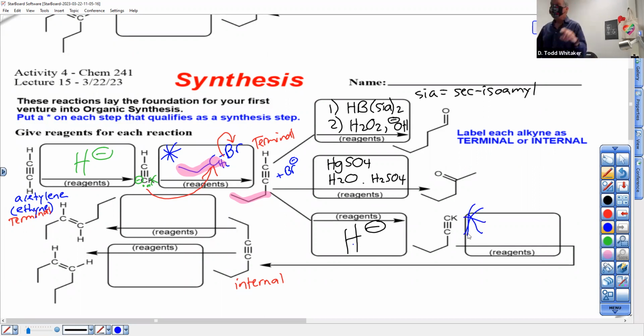What chemicals needed? 2. You need the conjugate base of an alkyne. We've got it already. What's the other chemical that reacted with the conjugate base of this alkyne to make this product with this new sigma bond? I needed a carbon with a halogen. And how did I know I needed 3 carbons?